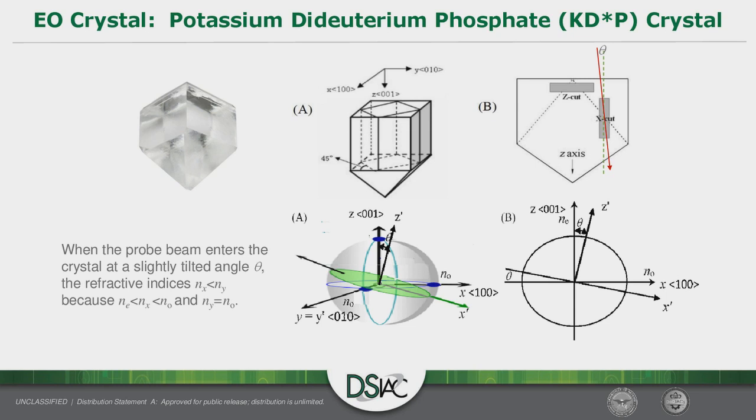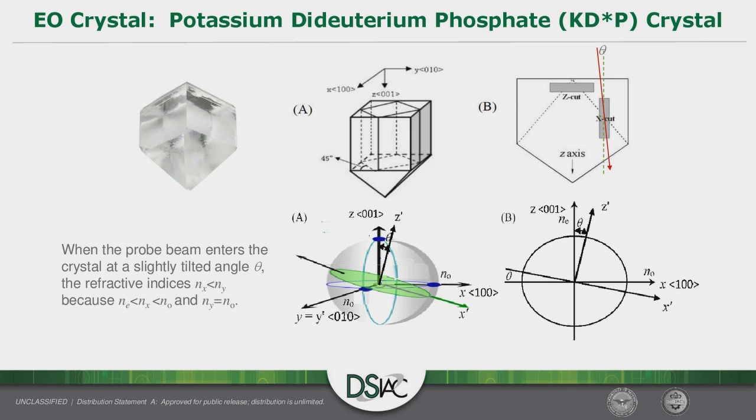Now, if you send the probe beam at an angle, that means you basically tilt the z-axis to z prime. Once you tilt it, the refractive index in z prime is smaller than n sub e, and in the x direction it becomes larger.